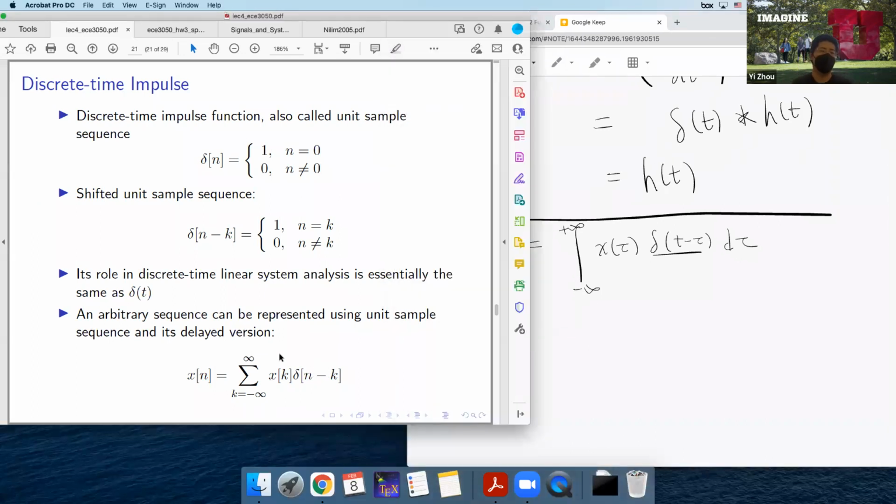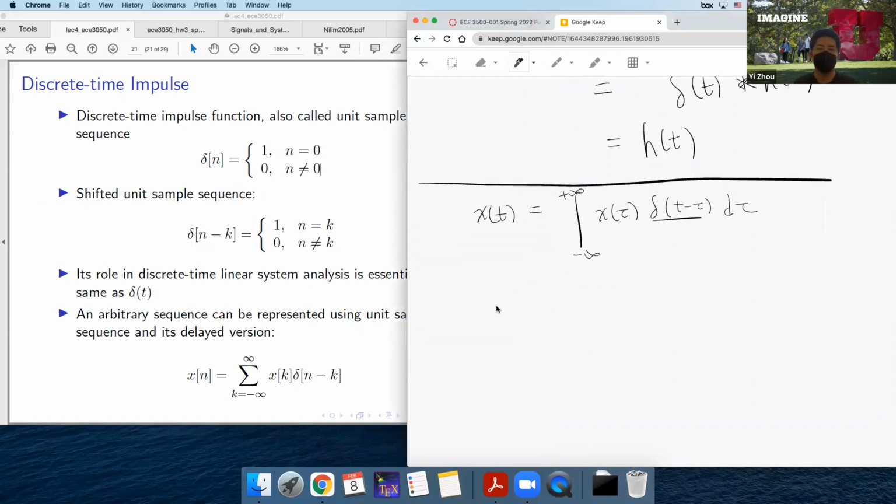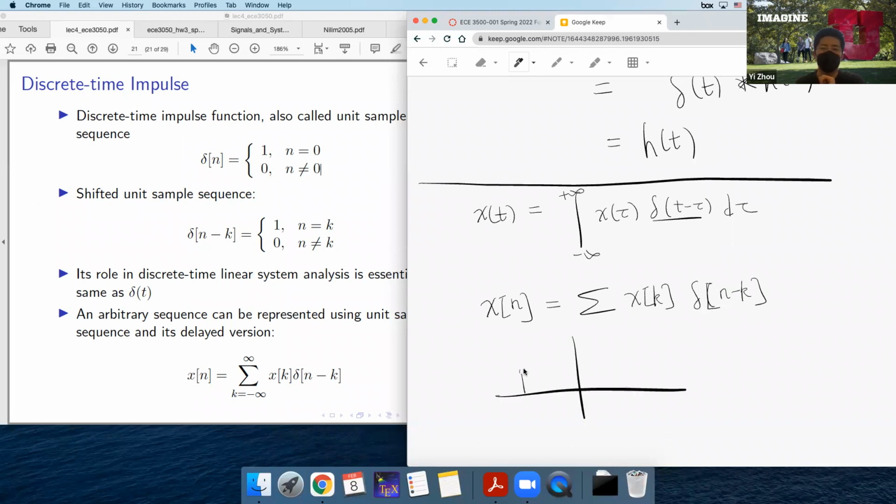So this is basically to decompose a discrete time signal into a bunch of weighted and shifted discrete impulse signals. And the picture, if I draw any discrete time signal, this summation exactly gives this.